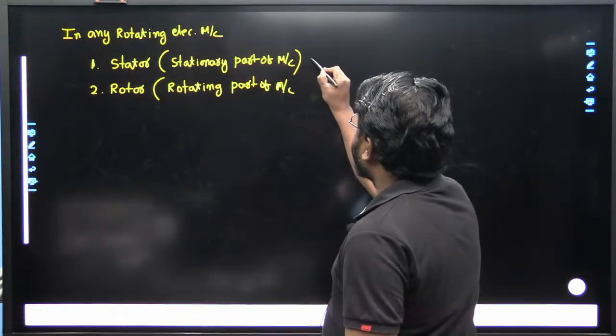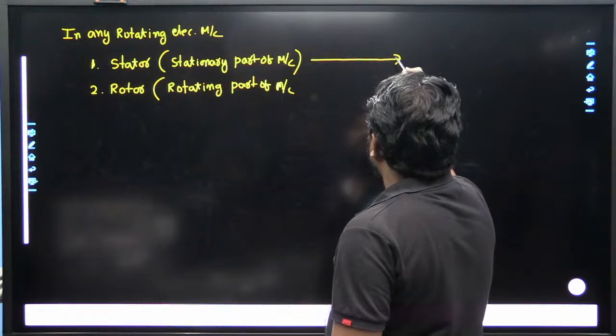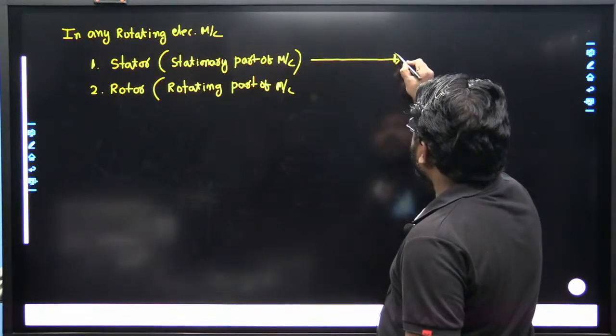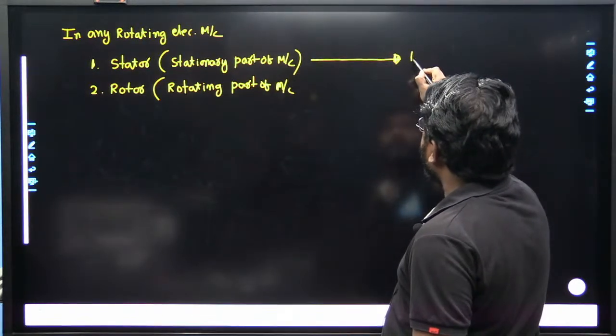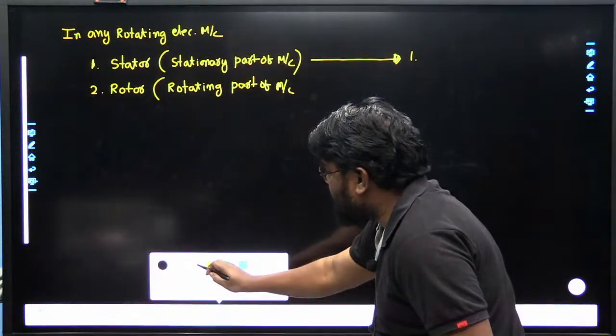The stationary parts of the DC machine: one is the stator frame. The stator frame has another name, that is the yoke of the machine.